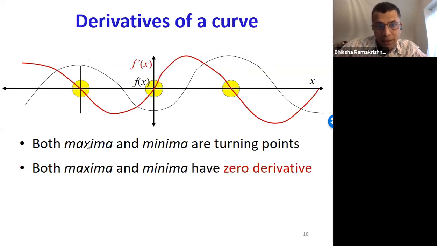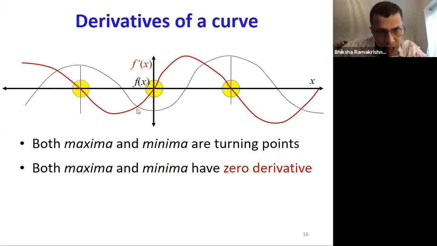And so both maxima and minima are turning points. And what happens is that in the case of maxima, the function goes from increasing to decreasing. So the slope goes from being positive to negative. In the case of minima, the function goes from decreasing to increasing.